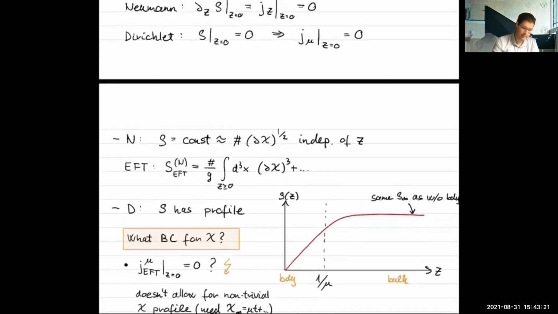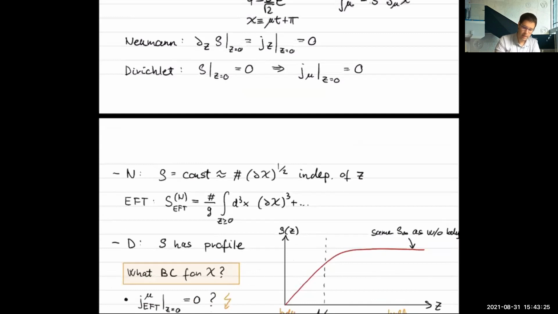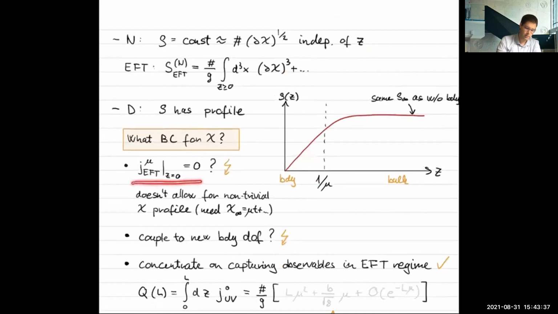So in the microscopic description, we saw that at the wall, all components of the current vanish. Okay, so maybe that's what we have to do in the EFT. But if we impose that in the EFT, all components of the current vanish, that forbids a non-trivial profile for chi, and we know that far away from the wall, we want chi to be proportional to time, mu times time.